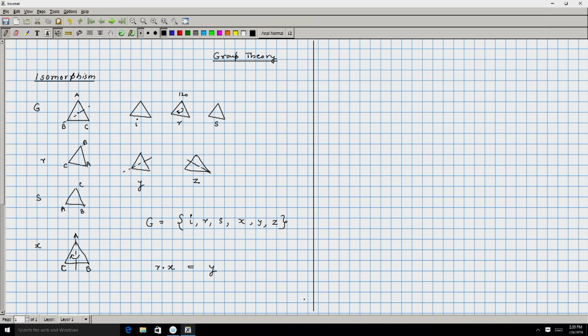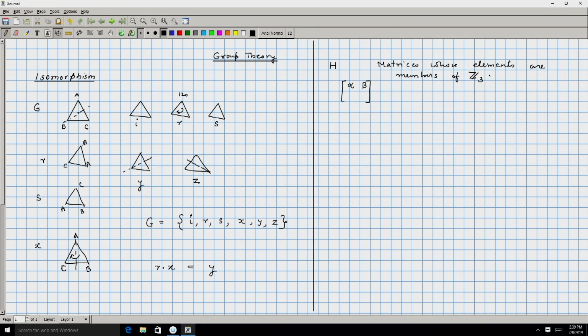The second group that we consider, which we will denote by H, will consist of matrices. These are special kinds of matrices whose elements are members of Z3.